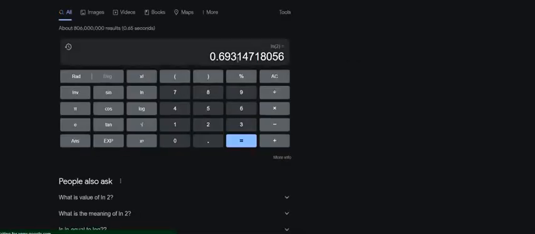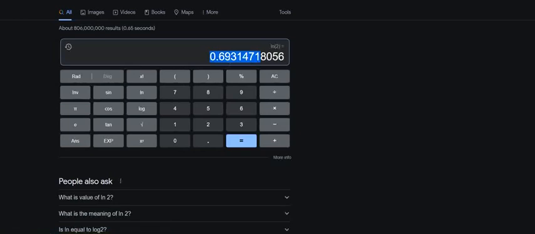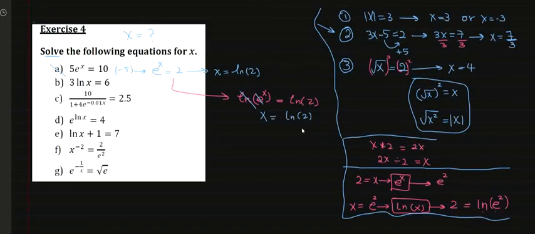It's that decimal value 0.69, and dealing with the value up to 2 decimal places is fair enough. So ln 2 is a value. Instead of writing it in decimal form, we might leave it as ln 2.